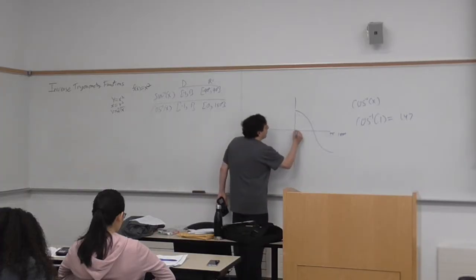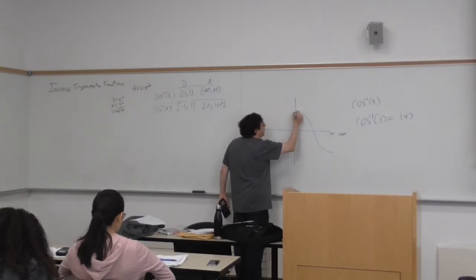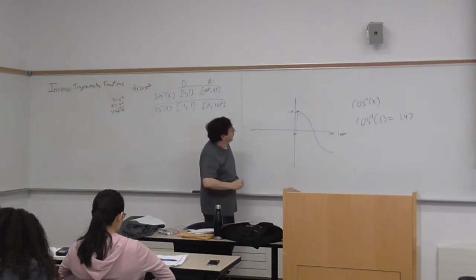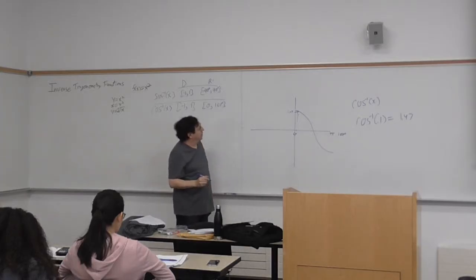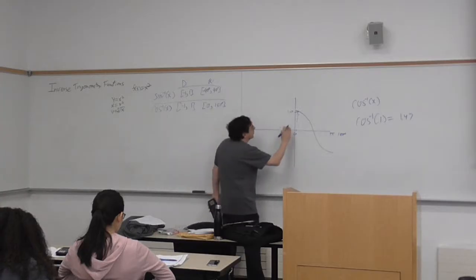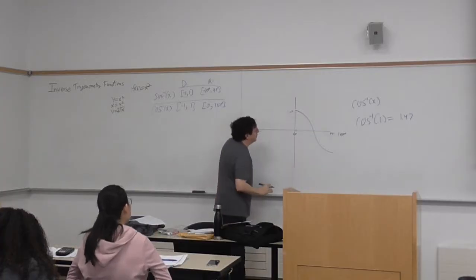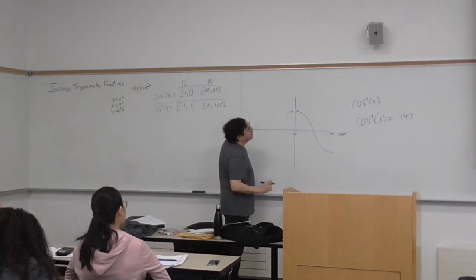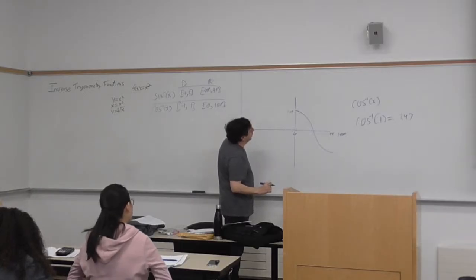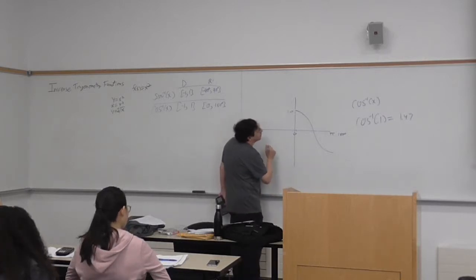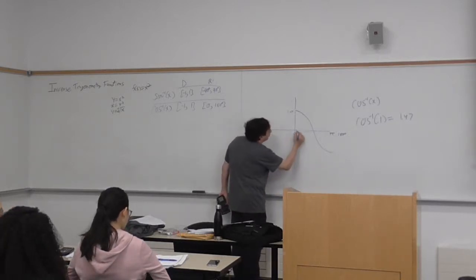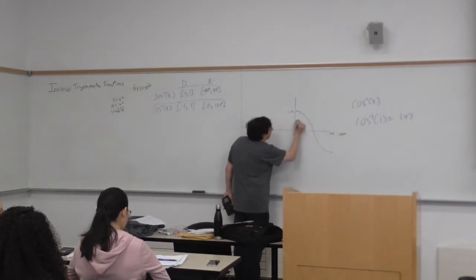That's somewhere over here. 1.47 radians. I'm sorry, I'm not looking at the right place. Looking for where the cosine is 0.1. Okay, so I look here.